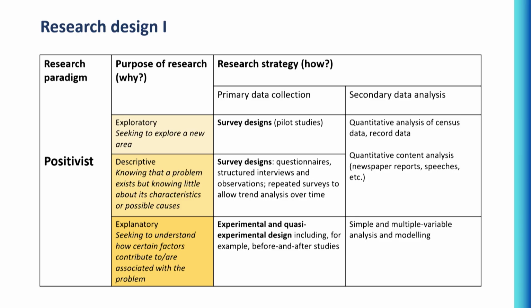So generally for a positivist researcher, you will notice that for exploratory and descriptive studies, they would tend to use a survey design, okay? Because they, as a researcher, predetermine how they're going to measure the concepts that they're interested in. So the way to do that is you're using questionnaires, structured interviews and observations, or repeated surveys to measure things over time, before, after, or at certain given moments in time.